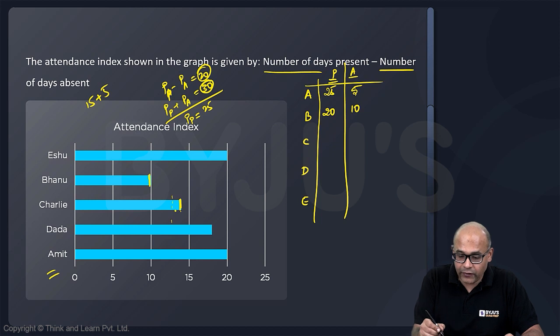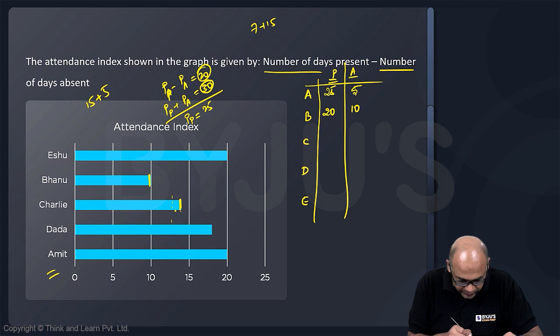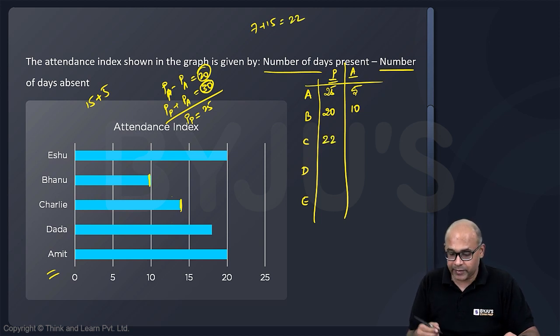Let me just check whether it's 13 or 14. Yeah, I think this should be 14. So half of 14 is 7, then 30 by 2 is 15. So this total should be 22. So 22 days Charlie is present, which means he's absent for 8 days. And you can see 22 minus 8 is 14.